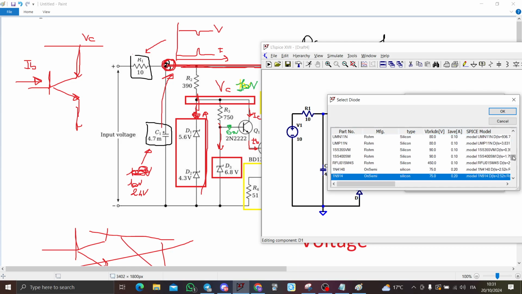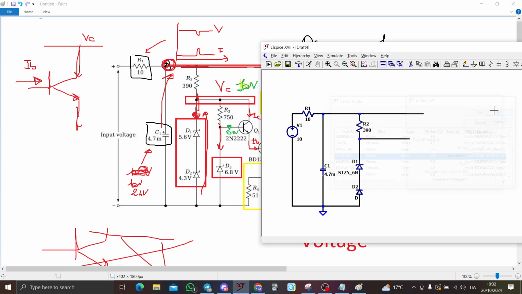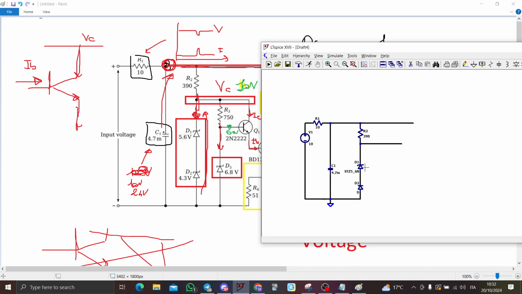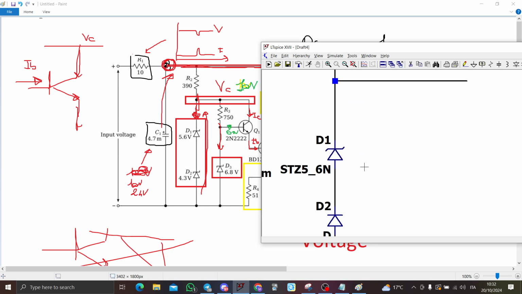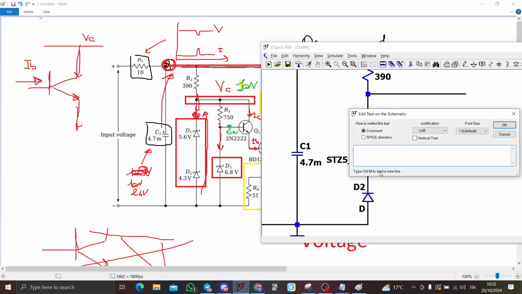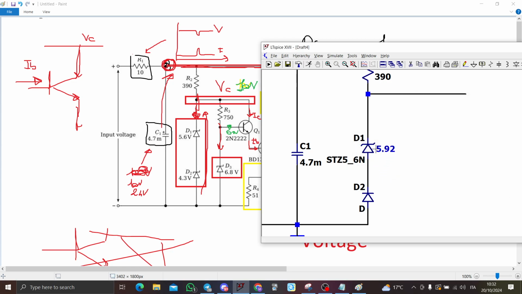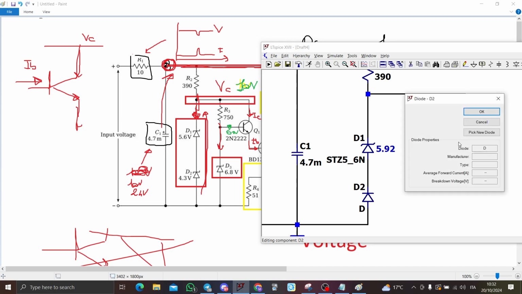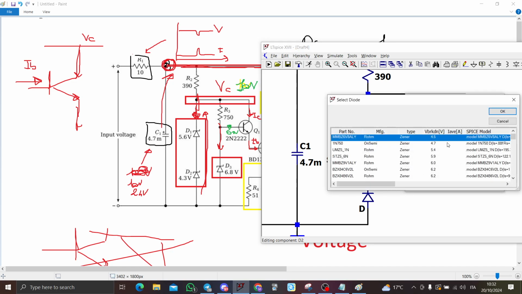Let's click on type. Okay, Zener. The first is 5.92. The second one is 4.5, that is good.